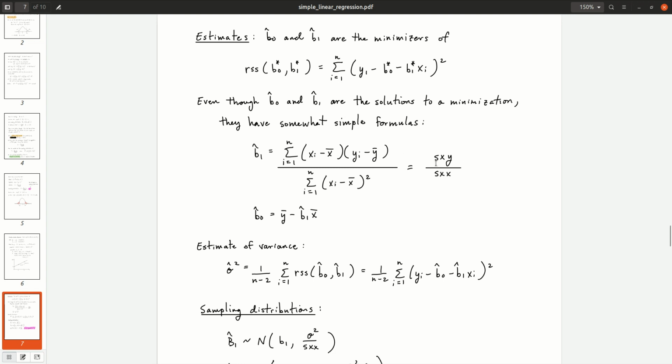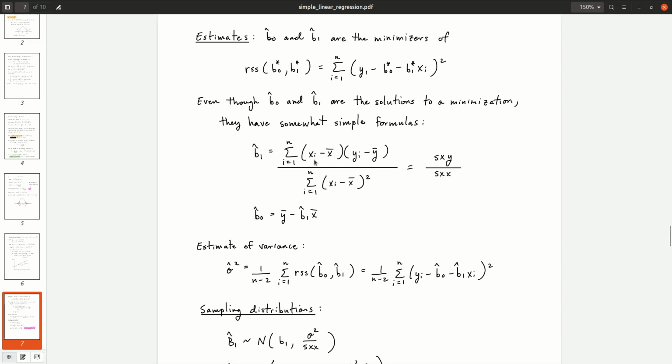So this is the sum of the deviations of x multiplied by the deviations of y. And then this thing we're going to call SXX. So this is the sum of the deviations of x multiplied by themselves because it's squared. I'm not writing it down here, but you could also have SYY, which would be the sum of the deviations of the y's squared.